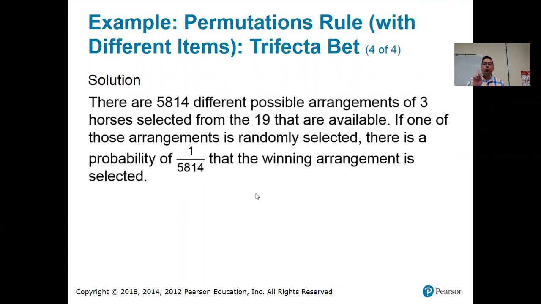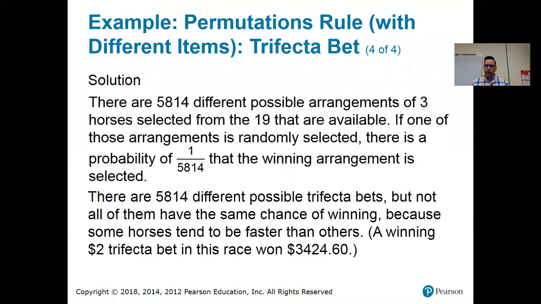However, remember they also had this question about whether all of these permutations are equally likely to hit the trifecta. And the answer is that they are not, because some horses are faster than others. Some horses are favored to win over others. So these trifectas do not all have the same chance of winning.